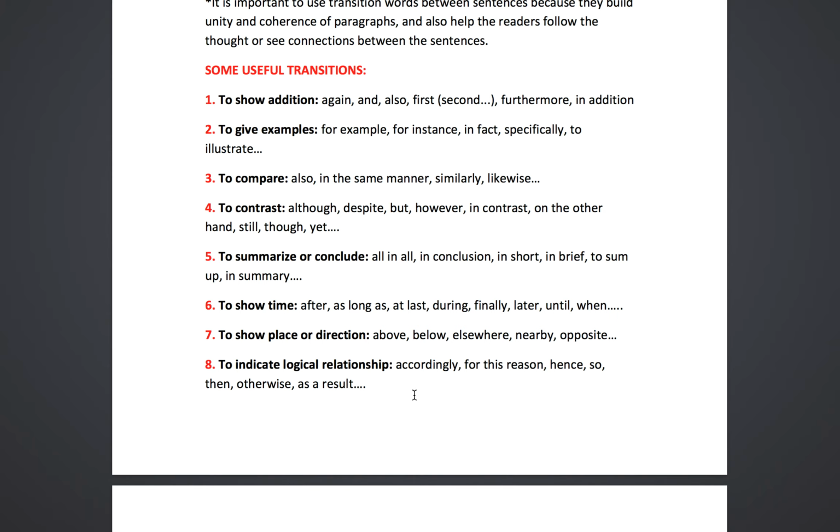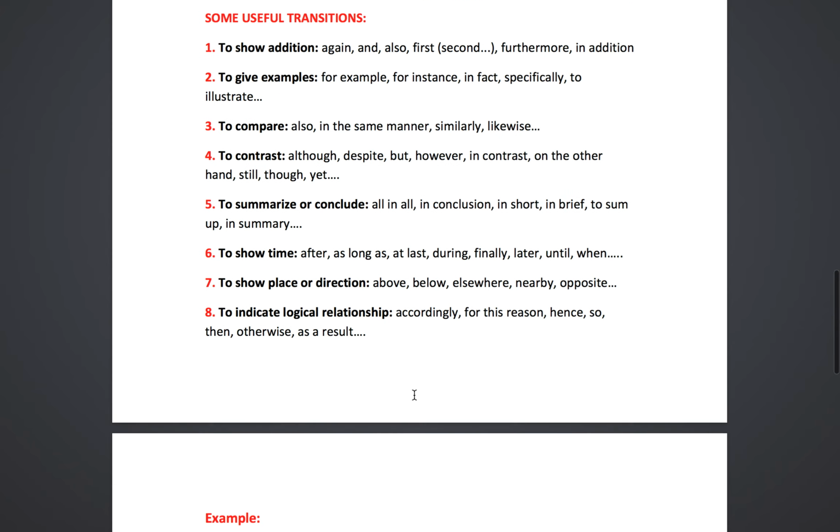We have transitions to show addition, like again, and also first, second, further, in addition. You can start your supporting details by adding, for example, first, second, to show that this is your first detail and your second detail, and you can add more information by saying in addition or furthermore. When you want to repeat something, you can use again or also.